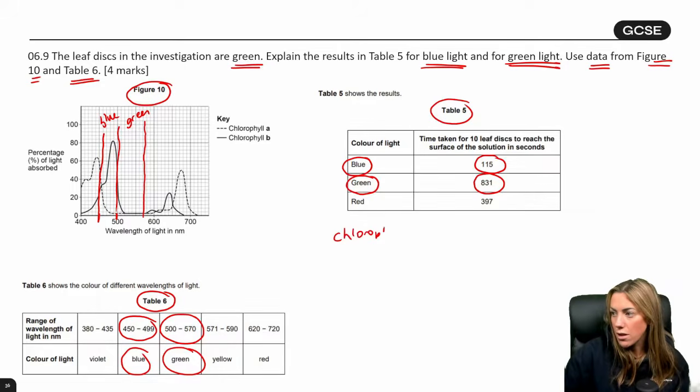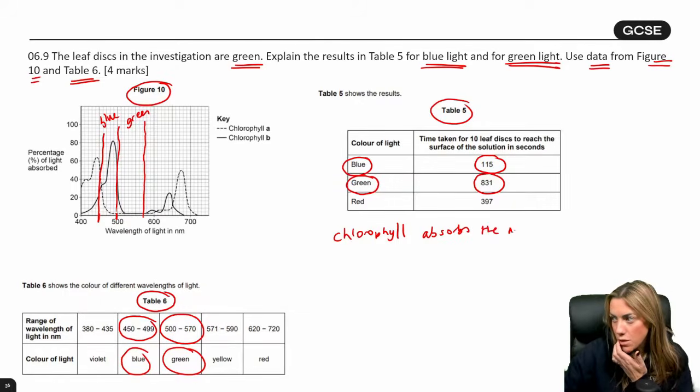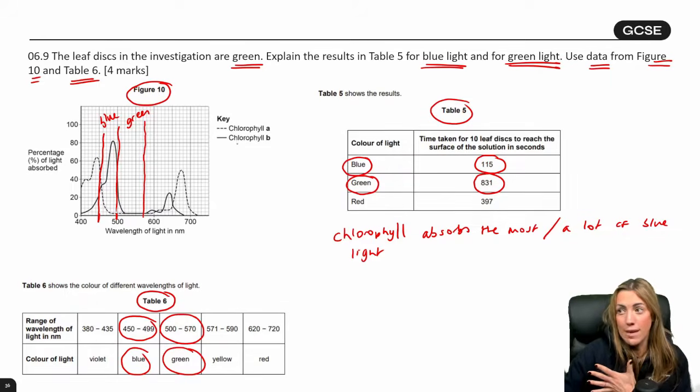So chlorophyll absorbs the most or a lot of blue light. Now you could say chlorophyll B because it's the solid line that I can see here, right? But you don't have to. You just say chlorophyll absorbs the most or it absorbs a lot of blue light.